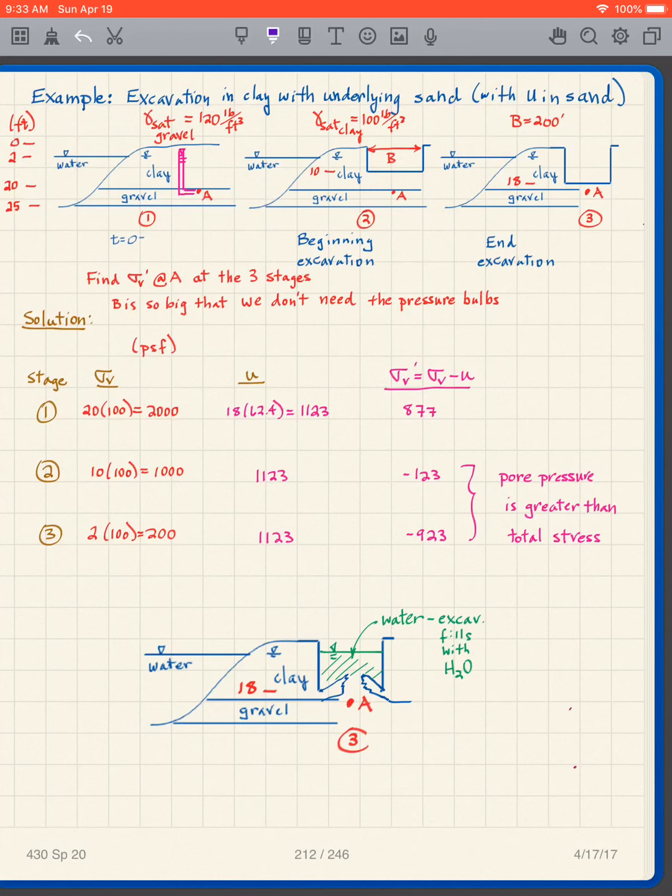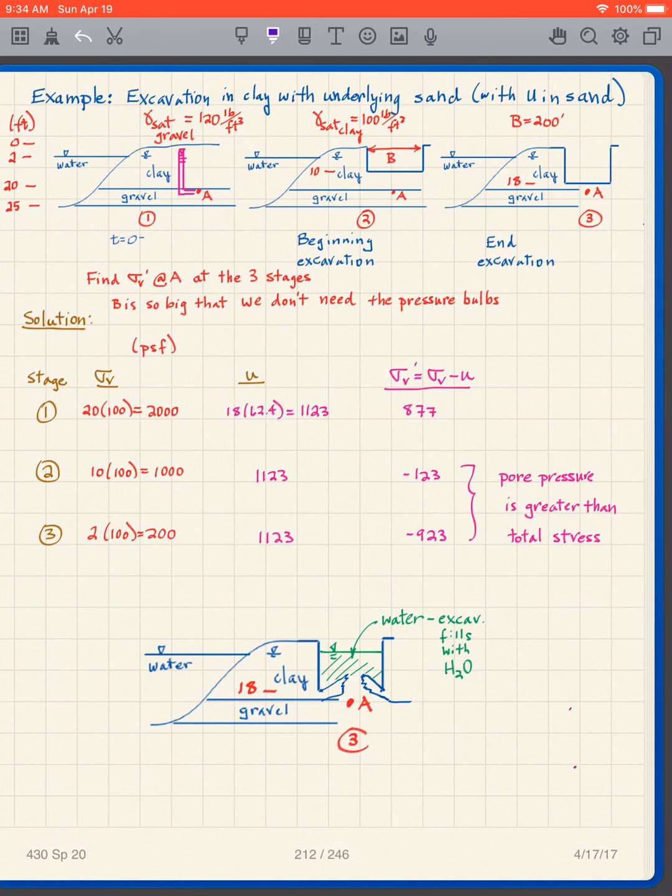The situation looks like this. I have water here, so in other words, it could be like San Francisco Bay, and the overlying soil is clay, with an underlying soil, for instance, of gravel or sand.